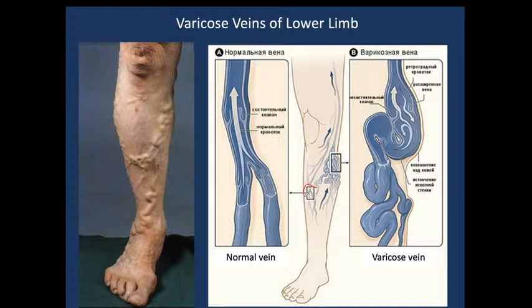Normal, here is a normal valve when blood flow is typical, and here is some kind of varicose vein when the valve is bigger, and it doesn't work properly, and blood comes back.